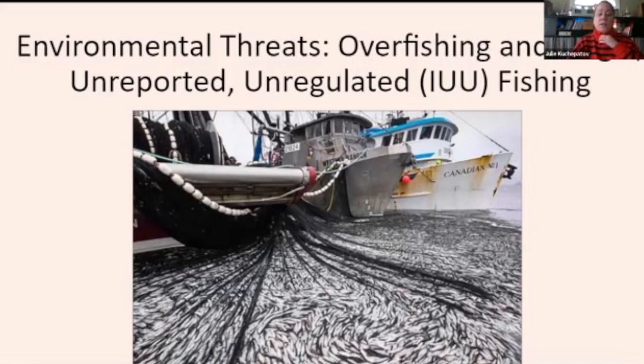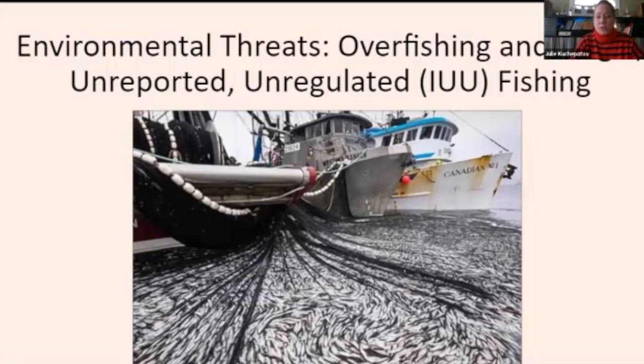A good example of misreporting is if I catch a really high value species of fish and then report it as something of a lot lower value. That misreporting is bad because you're not reporting what you actually caught, and that makes the data erroneous.